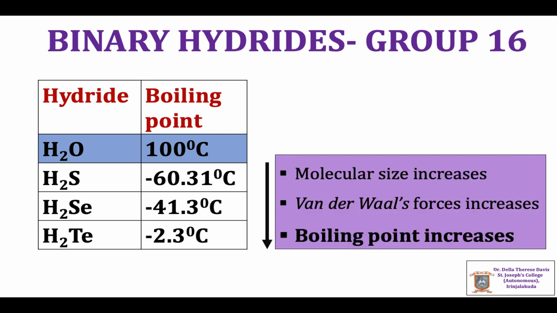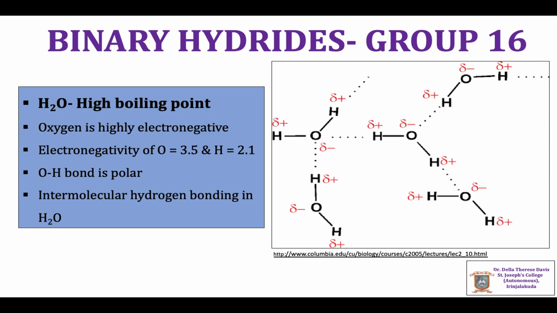Comparing the other three hydrides, H2S, H2Se and H2Te, as we move down the group, the molecular size increases, hence the van der Waals forces increase and boiling point increases. The boiling point of water is 100 degrees Celsius, which is an anomalous value compared to the other elements of group 16.